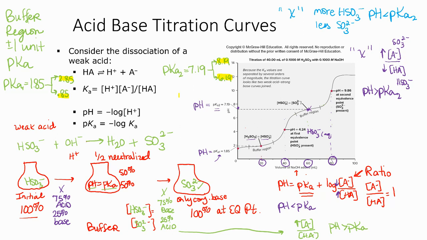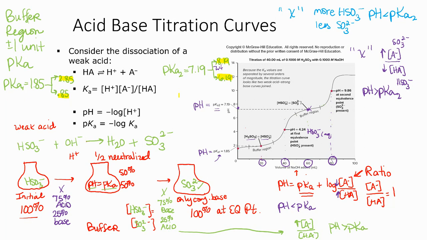So as far as HSO3 minus and SO3 2 minus, at pH 7.4, you have pretty close to 50-50, a little bit more base than weak acid, right? Because you're a little bit above pKa2.